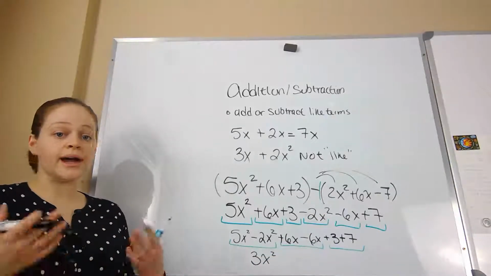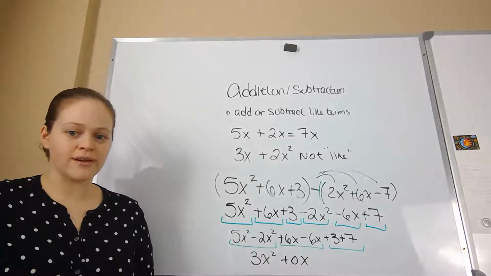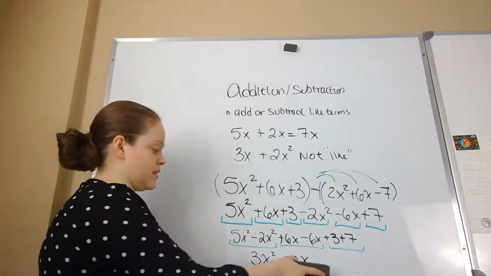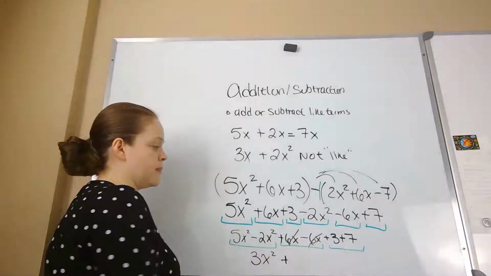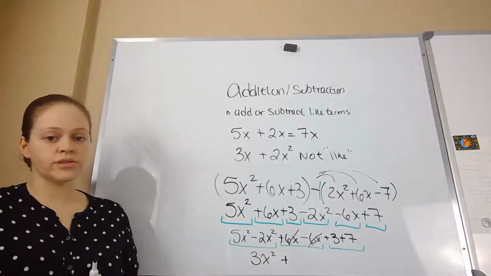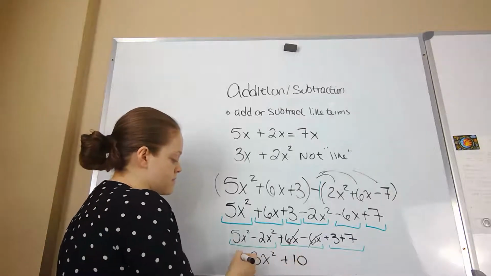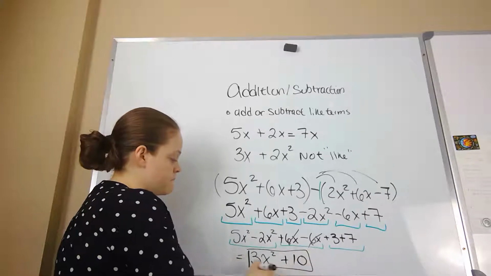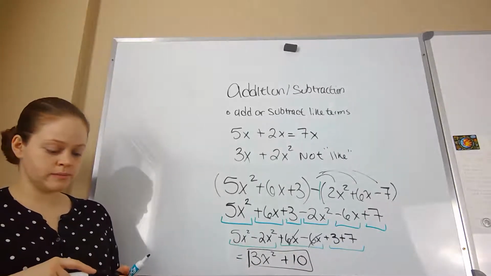When it's 0, I can write 0x, but you don't have to, because it doesn't mean anything. It's gone. Then you have 3 plus 7, which is 10. There you go. So there's your addition and subtraction of polynomials.